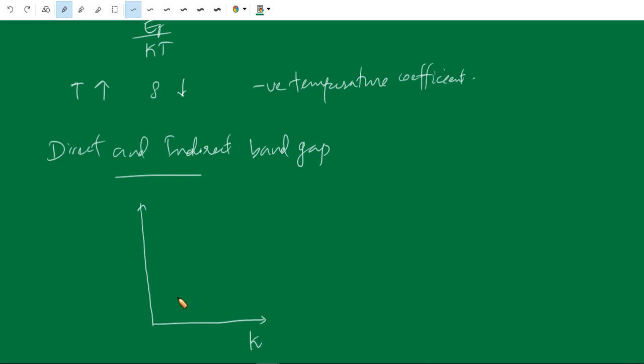This is the energy level diagram of the valence band and this is the conduction band. The lowermost energy of the conduction band is called the conduction band edge, and the uppermost energy of the valence band is called the valence band edge.